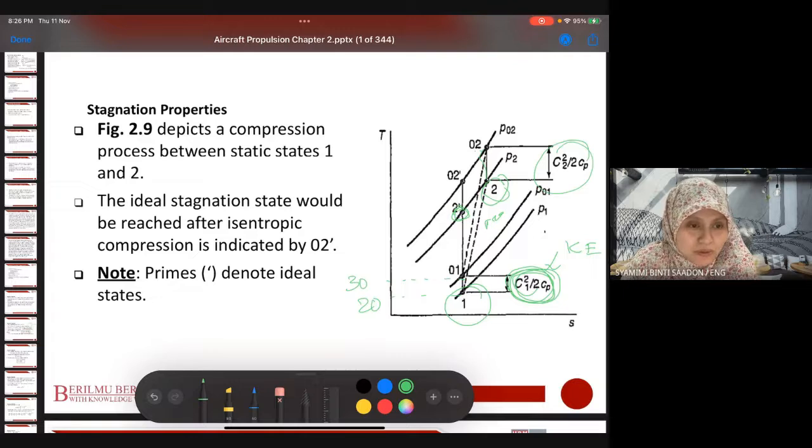So it does affect the whole cycle performance when we take into consideration these stagnation properties.